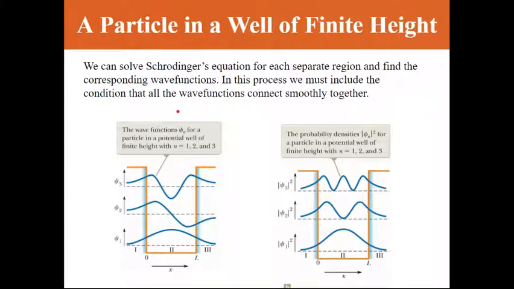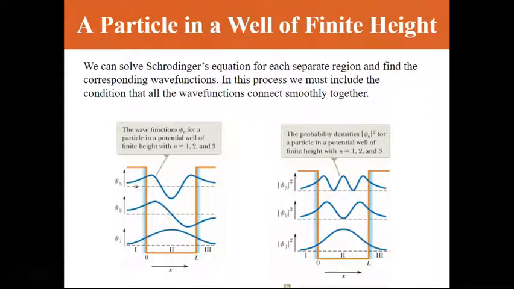Using Schrodinger's equation, and we won't do the derivation, you can find what the wave function is to describe the particle in the well. What's cool is that you can find a wave function in 3 parts, one for each region. Again, because of the boundary conditions regarding the walls of the well, this leads to the wave function having quantized wavelengths and also quantized energies.